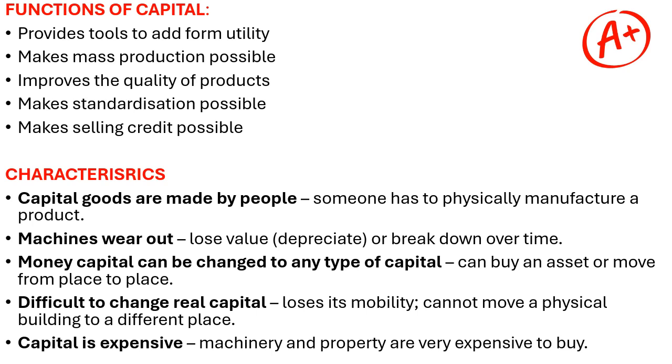So, if you have capital in the form of tangible assets like a house, they will be able to lend you money. They will be able to sell you credit in return for what? For keeping your house as a security or as a surety for the loan.